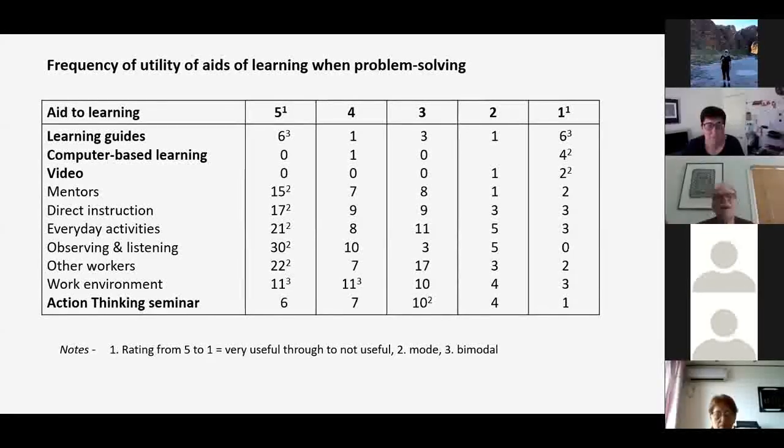So this provided a patterning of responses from qualitative data into a quantitative account. And it was particularly important in this study because there were some tensions between me, the researcher, and the company, who was concerned that the things they'd spent money on weren't seeming to be particularly effective.